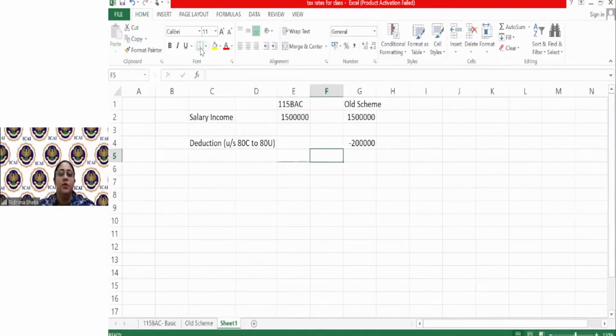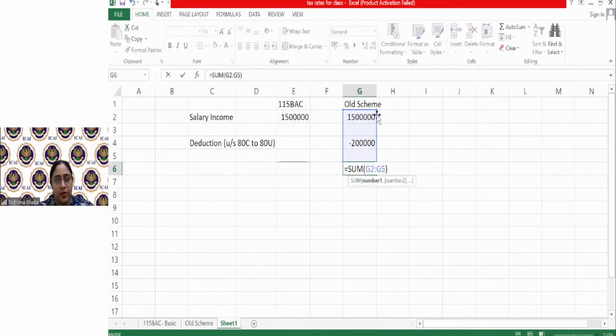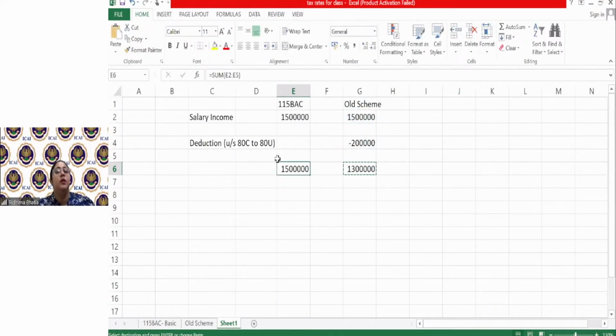Now the question comes, what scheme should a person follow, whether he should follow the new scheme or the old scheme. So now you have to calculate the taxes as per the new scheme and as per the old scheme.